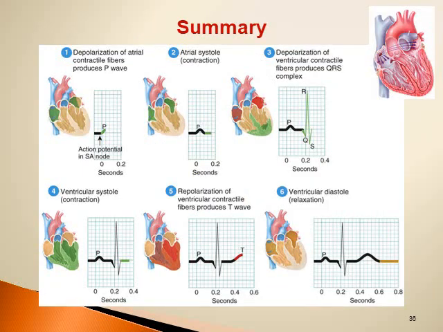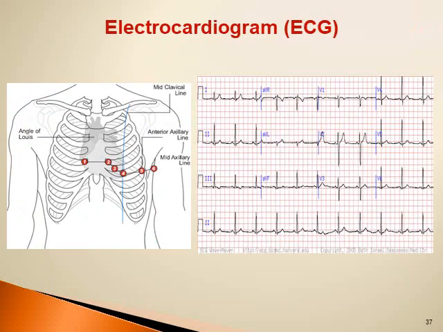This is a summary of all the electrical events that happen in the atria, in the conduction system, and in the ventricles in one cardiac cycle, which starts with the generation of action potentials in the SA node and their propagation to the ventricular contractile muscle fibers through the conduction system. And this is how an ECG looks in clinical life.